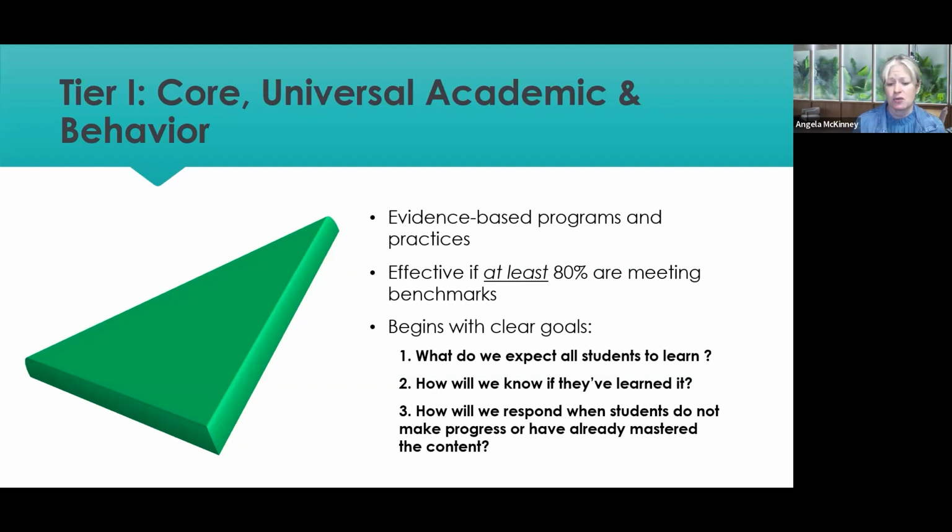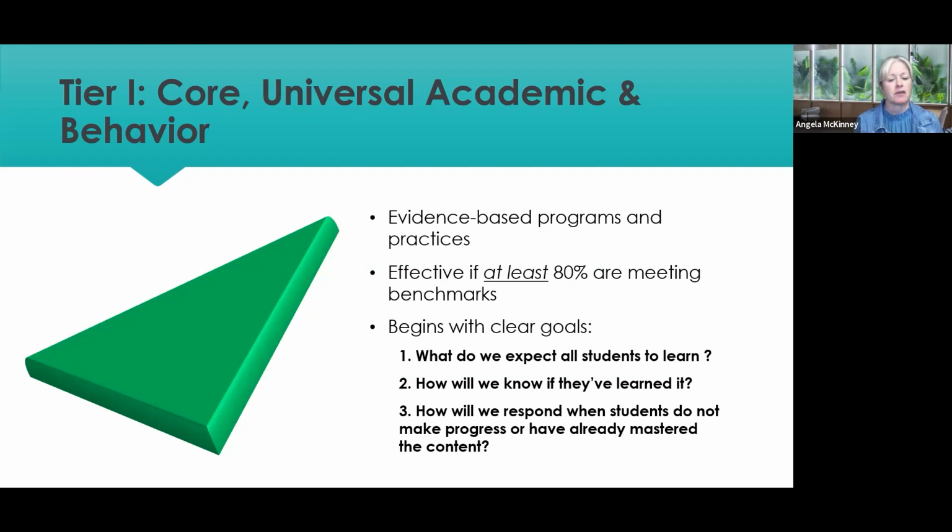We also make sure that we have good goals, which means we need to understand before we start what we expect all students to be able to know, understand, and do. What are we wanting to teach them? You know, what do we want them to walk away from their kindergarten experience being able to do academically, behaviorally, mental wellness wise, because that looks different for a kindergartner than it does for a second grader, sixth grader on up, right?